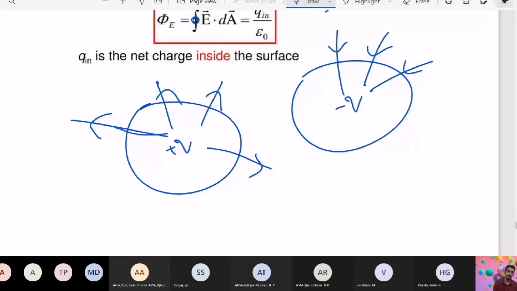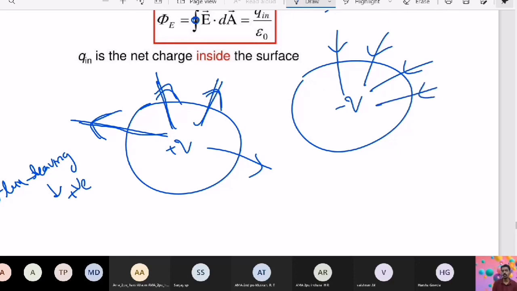Here flux means the number of field lines leaving the surface. So that's why he said flux leaving is due to positive charge, and that's why you take it as positive. And flux entering the surface is due to negative charge. That's why he said flux entering means negative.